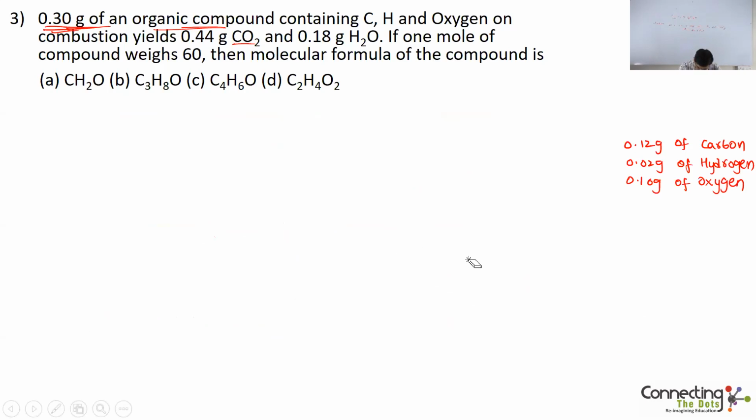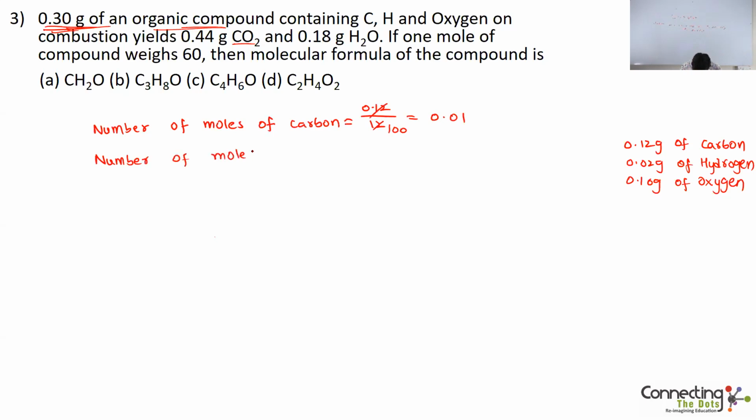Okay, let us calculate the number of moles. So number of moles of carbon is equal to mass, which is 0.12 divided by 12. So it is 1 by 100, approximately 0.01. And similarly, let us calculate the number of moles of hydrogen.